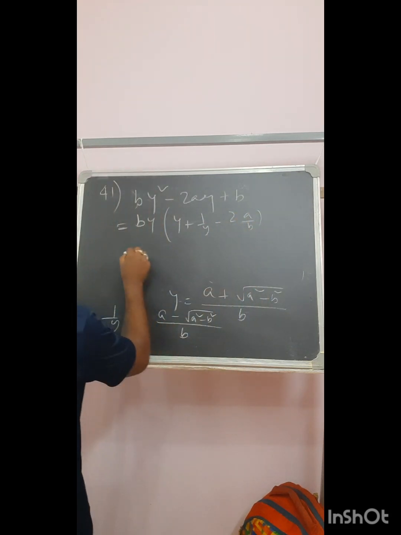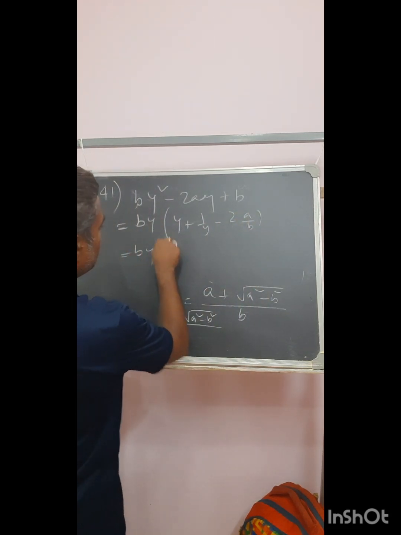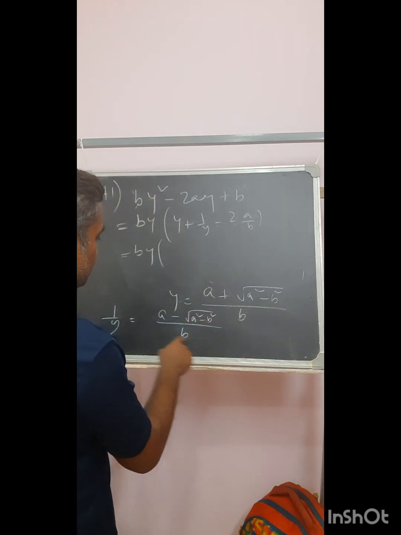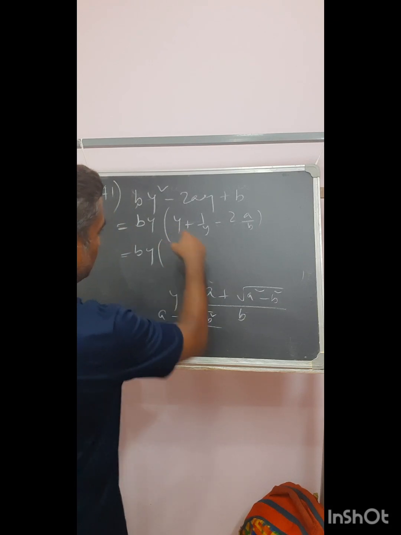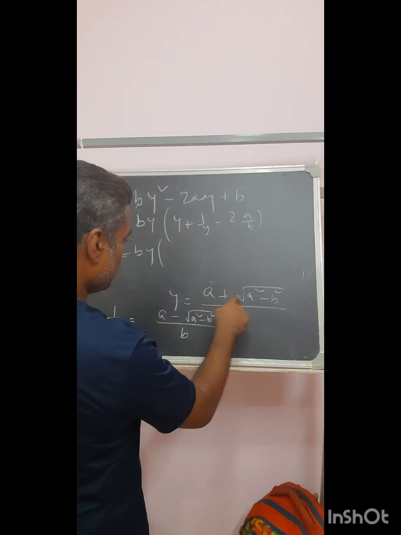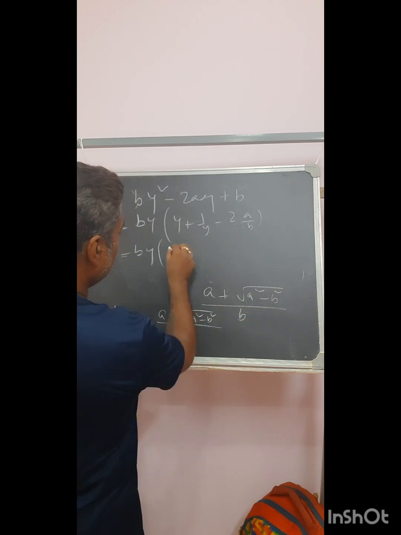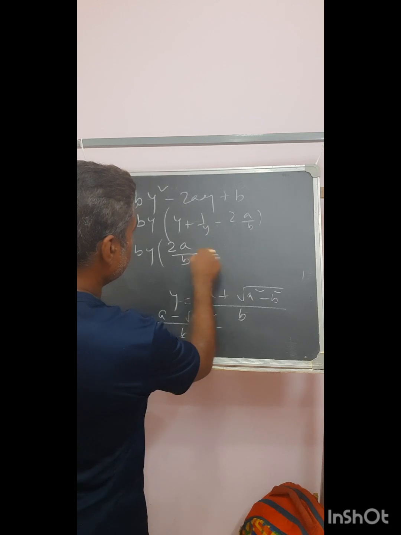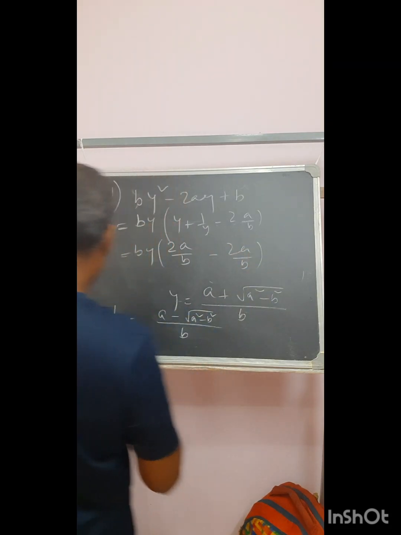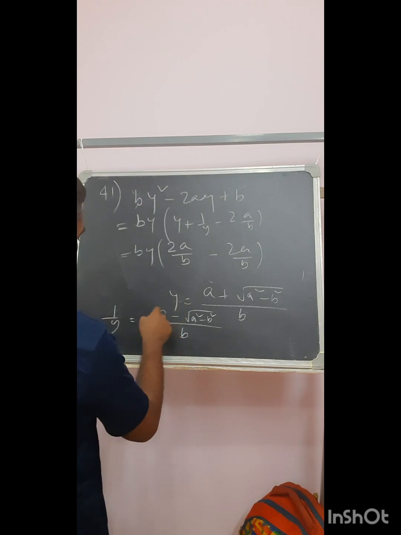So if I put these values, y is equal to this one and 1 by y is equal to this one. Now if I calculate both y plus 1 by y, this will be cancelled out. So I will get something 2a by b as answer. Here also 2a by b as an answer. Okay, you can calculate it.